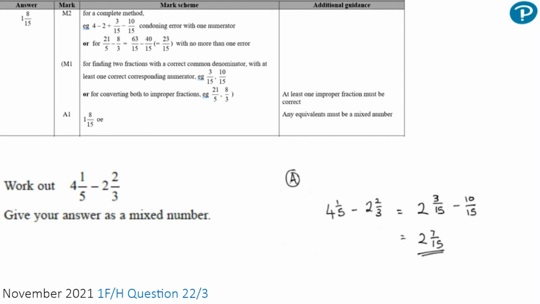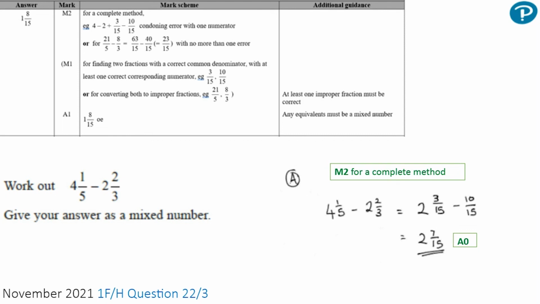So we then got, it is a complete method, but then they haven't dealt with the fact that they're going to end up with that 10/15 and trying to take that away. They've just seen biggest take away the smallest and ended up with the incorrect answer, as quite often happens.